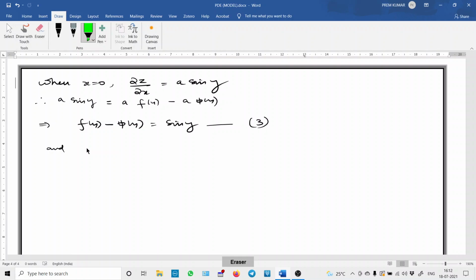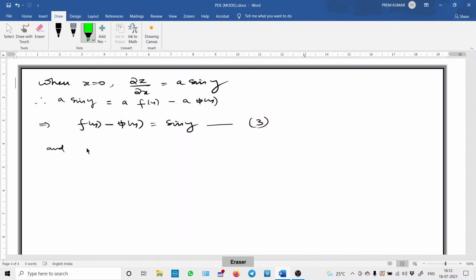While substituting the second condition, we get f dash of y plus, sorry, it should be plus, f dash of y when x is equal to 0, f dash of y plus pi dash of y equals 0. And name this as the fourth equation. See, our aim is to find f of y and pi of y and substitute in this equation 2 and the problem is done. For that only we are doing these steps.